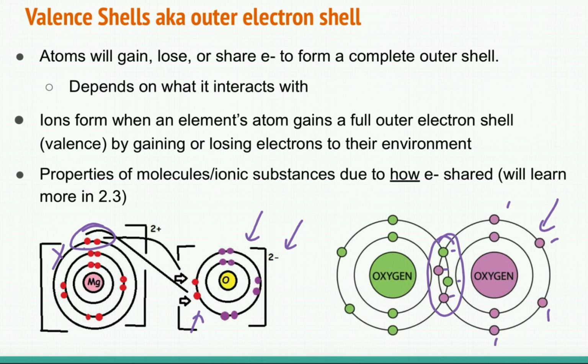So whether these 2 atoms end up producing ions or sharing electrons is very much based on what those 2 atoms' wants are in terms of how they're going to achieve their outer electron shell. So the property of whether you get molecules or ions and what kind of bonds they produce are very much based on the valence shell.